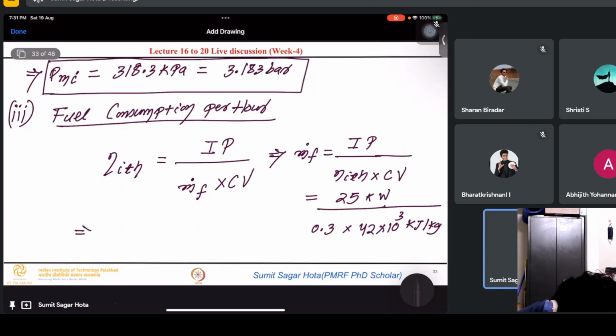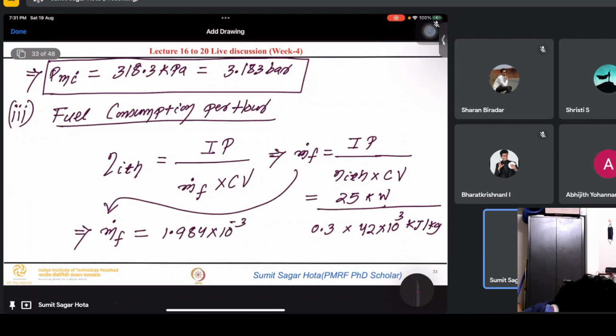Okay. So finally your m dot f is equal to 1.984 into 10 to the power minus 3 kg per second. But what they asked is kg per hour. So you know how to do it. 1 second is equal to how many hours?